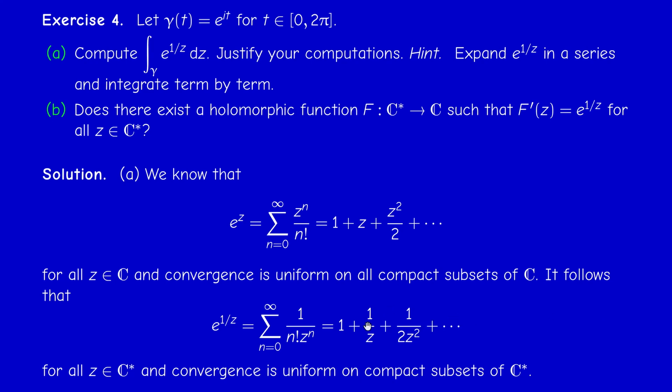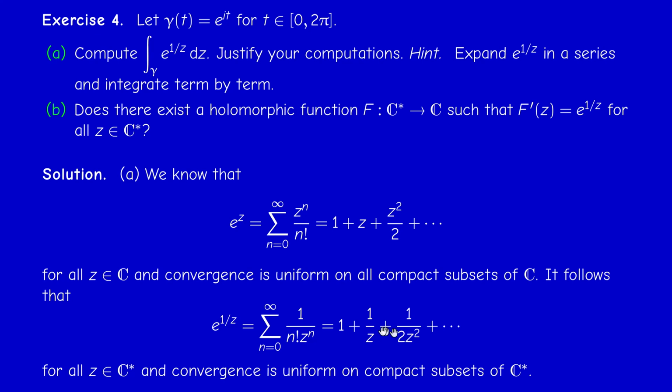Now, the term 1 over z is special in complex variables because 1 over z does not possess an antiderivative on C star. It possesses antiderivatives on smaller parts of C star. So the logarithm that you learned in the first course is actually defined on C without the negative real axis, and not on C star.